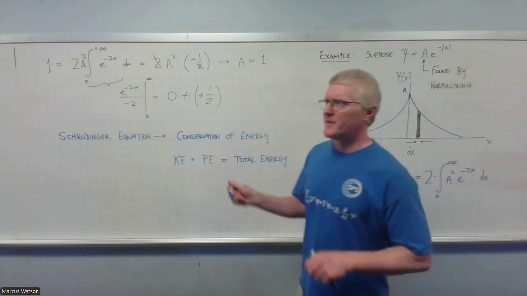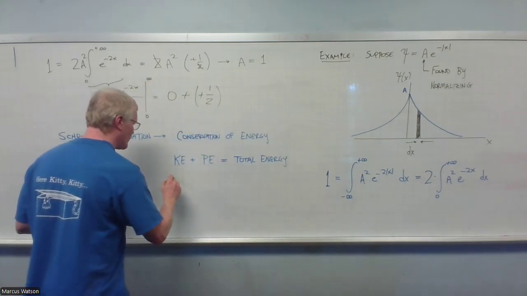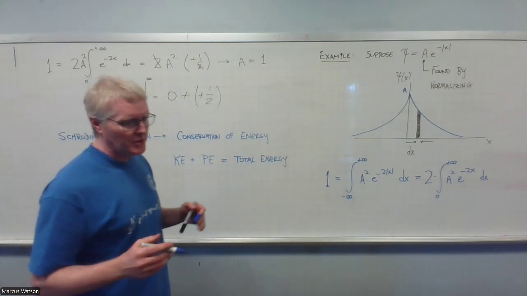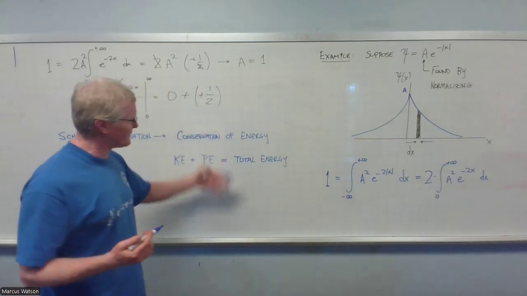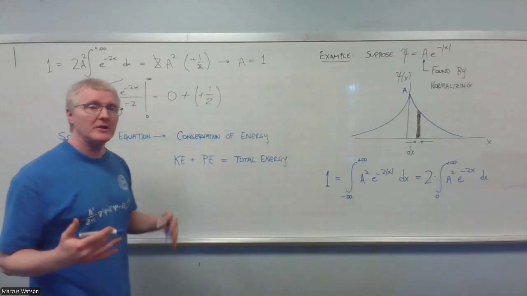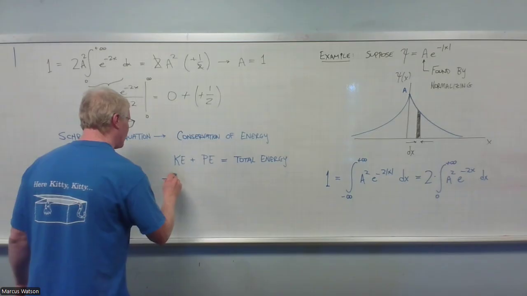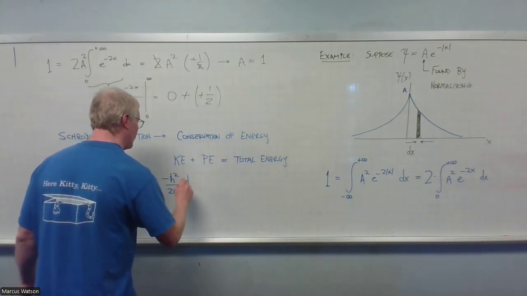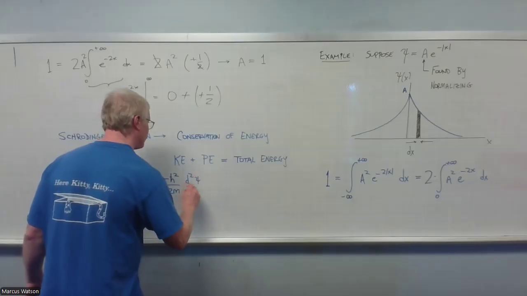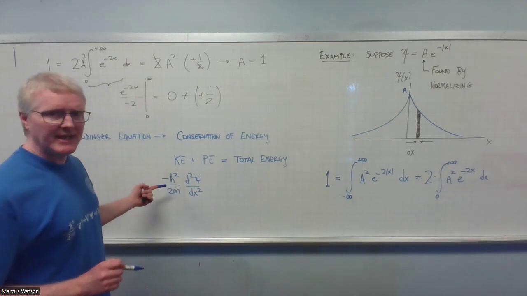So thinking of how this works, you end up with an equation which you can motivate. I'm going to just tell you that it's out of conservation of energy. I'll tell you what the individual terms are. Like this. All right, that's the kinetic energy operator.